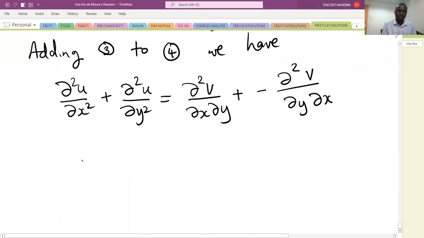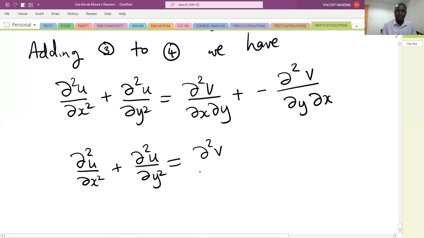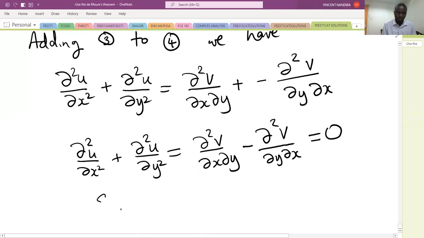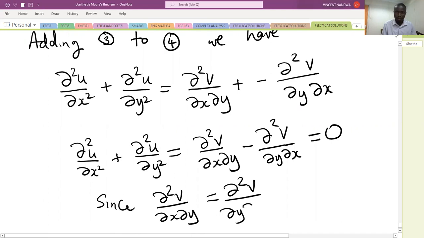You see this is the same as partial squared u partial x squared plus partial squared u partial y squared equals partial squared v partial x partial y minus partial squared v partial y partial x, and this is equal to 0 since partial squared v partial x partial y is equal to partial squared v partial y partial x.